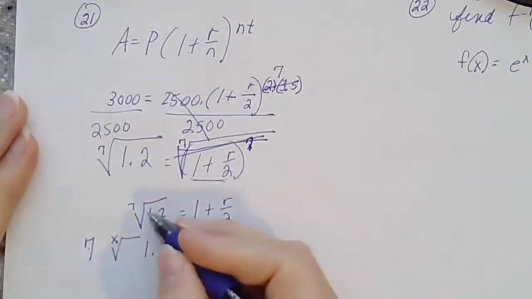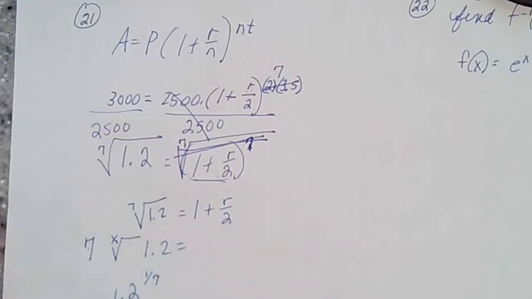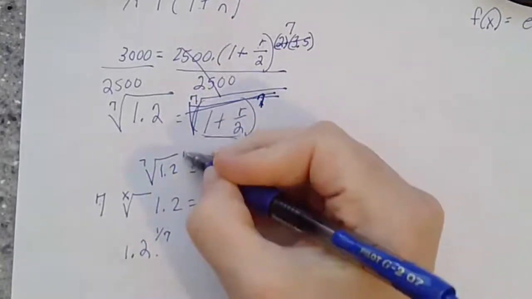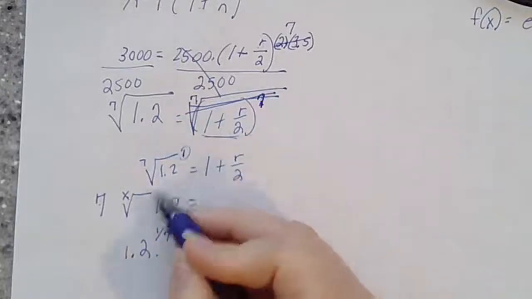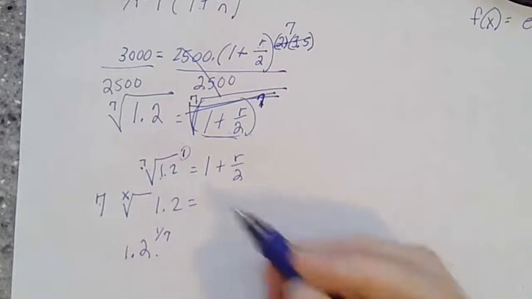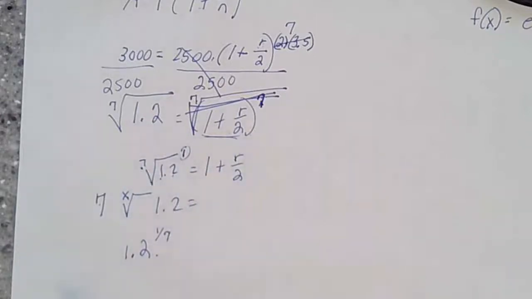Instead of writing it as the 7th root, another way to express that is 1.2 to the 1/7th power. We can always change a radical to an exponent: the exponent here is understood to be 1, this is the root, that's the denominator. When you change it out of radical form, it would be 1.2 to the 1/7, whatever the root is, power. So you could do it this way.